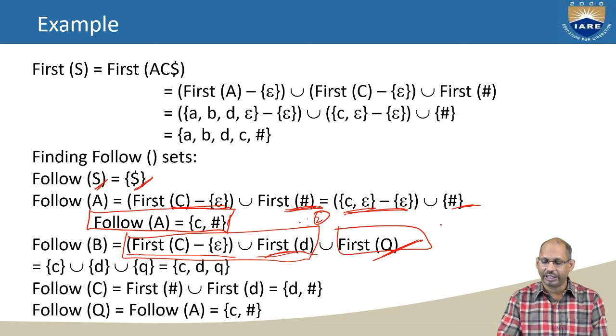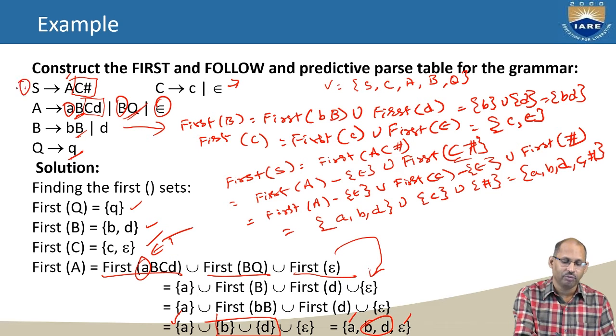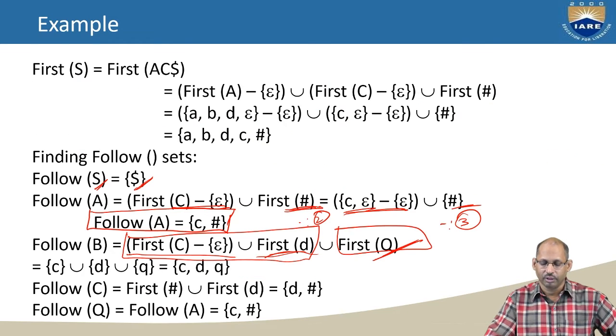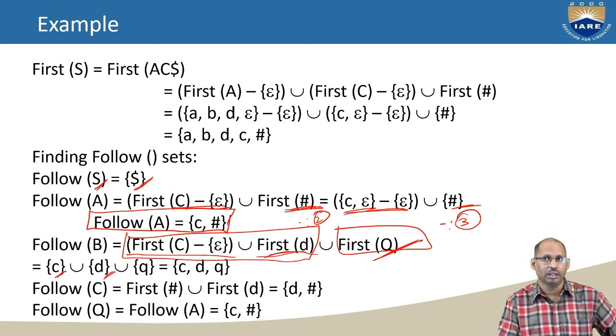Here, this is taken from the third production. Counting the productions: this is 1, this is 2, this is 3, this is 4, 5, 6, 7 productions. So here we consider it as C minus epsilon, as C has epsilon, so we consider the D symbol.